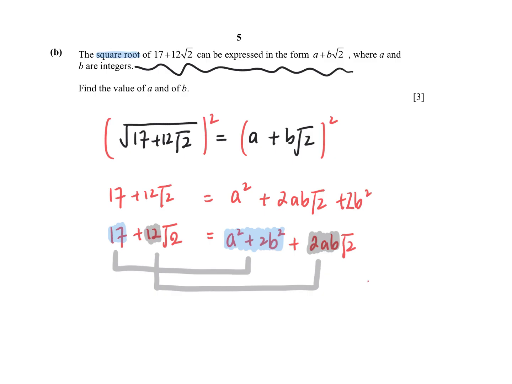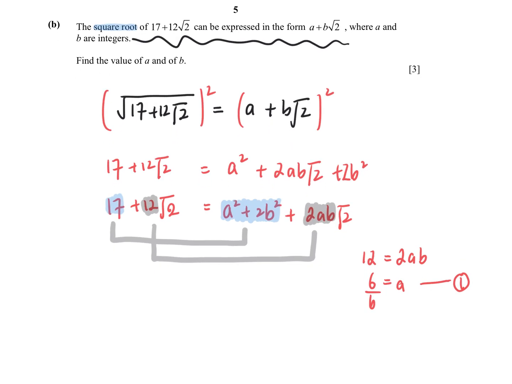So I will want to deal with this one first because it tells me that 6 over A is B. Or rather, 6 over B is A also can. Okay, I follow the marking scheme so that I don't have to work so hard. So this is from the second comparison, right? And then the first one, I know 17 is A square plus 2B square.